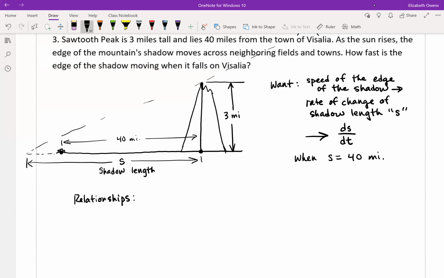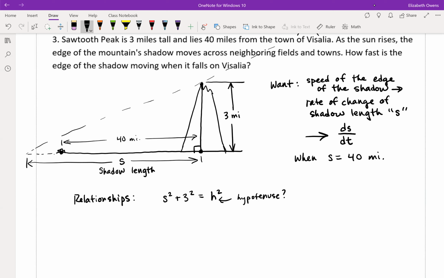You might observe here that we do have a right triangle, and that is going to be helpful for us. Right triangles have some good relationships that we can utilize here. So you might think about something like a Pythagorean relationship, like s squared plus 3 squared equals, I'll just call that h squared for hypotenuse.